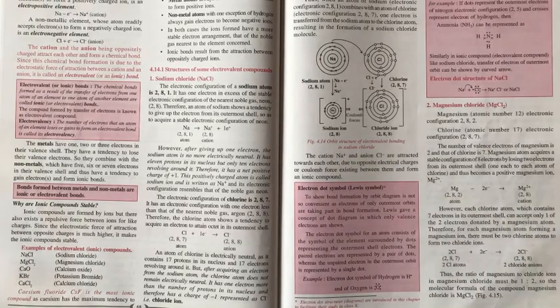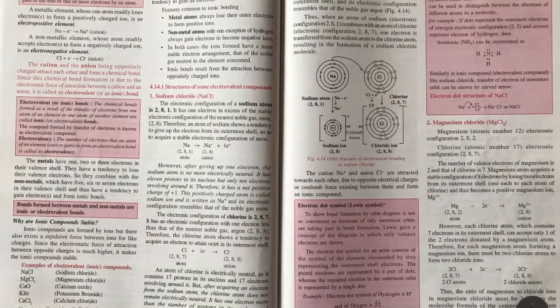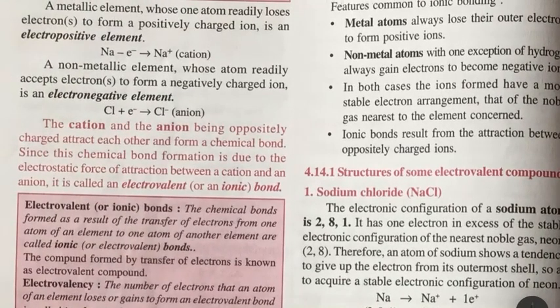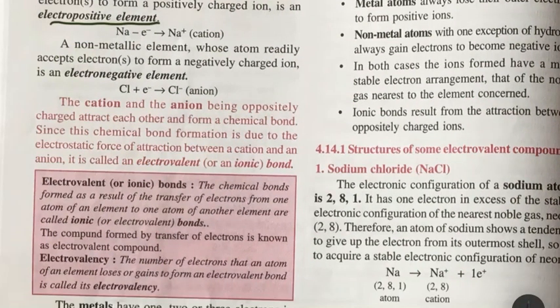To define an ion: an ion is a charged particle which is formed due to the gain or loss of one or more electrons by an atom. A metallic element whose atom readily loses electrons to form a positively charged ion is an electropositive element. So you see that sodium is a metal. It can lose 1 electron and it will become positively charged.